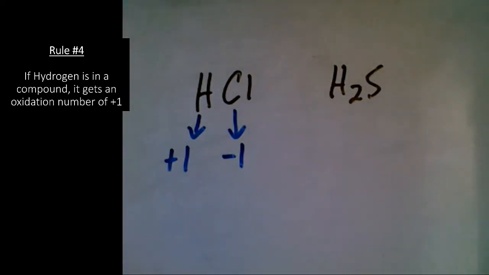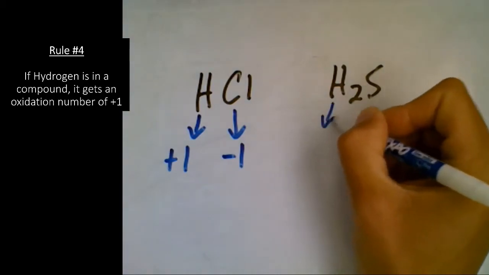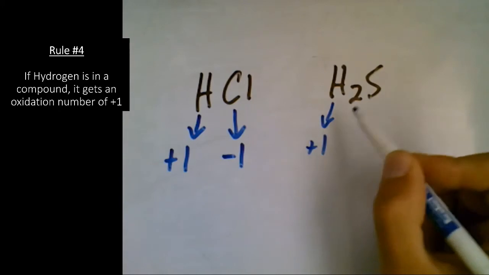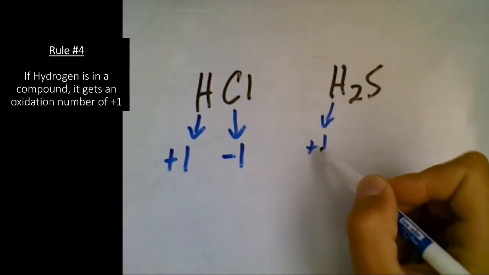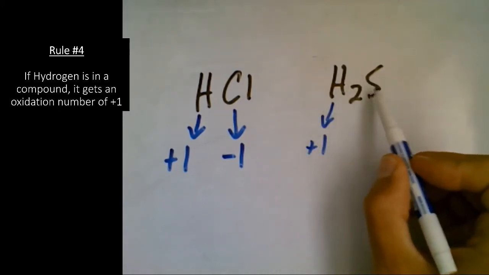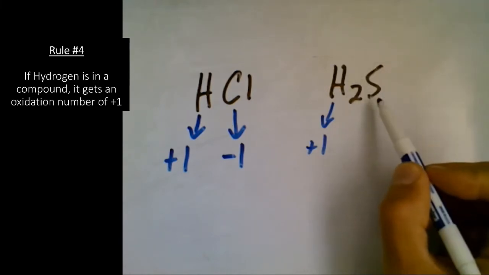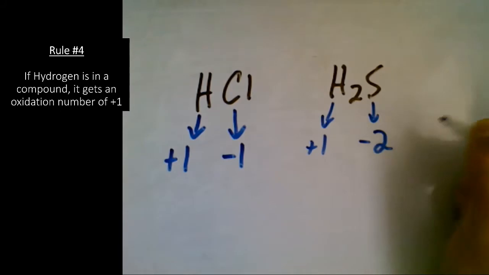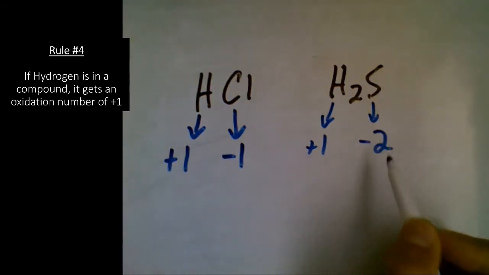Now, in our other example here, we have 2 hydrogens, but each of them has an oxidation number of +1. Since each of them has an oxidation number of +1, they're each giving their electron to sulfur, meaning that sulfur is essentially going to gain 2 electrons and get an oxidation number of -2.